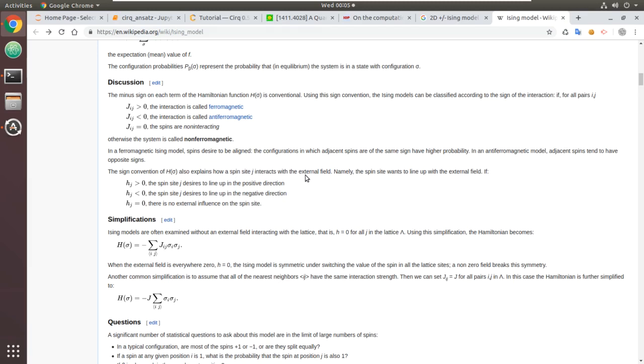Okay, so basically those are the elements of the lattice, and this is the way it interacts with the external field, whether it's ferromagnetic or anti-ferromagnetic, so like positive direction or negative direction, or even no influence. Okay, so zero is also possible.